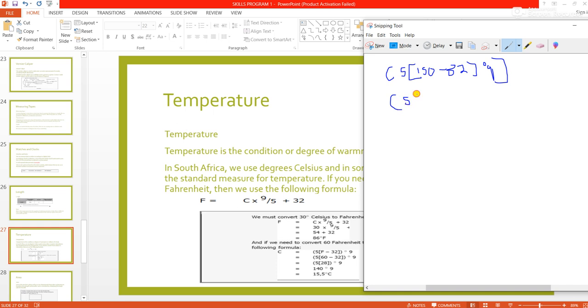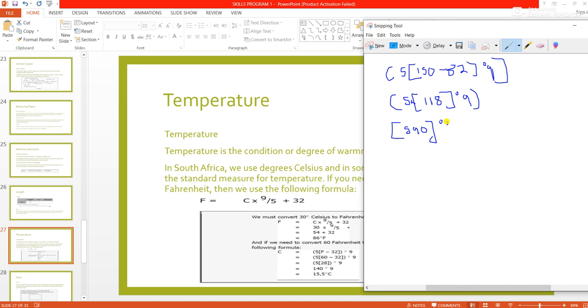This will give us 118. We're not multiplying this one; we have to multiply 5 and 118. It will give us 590.